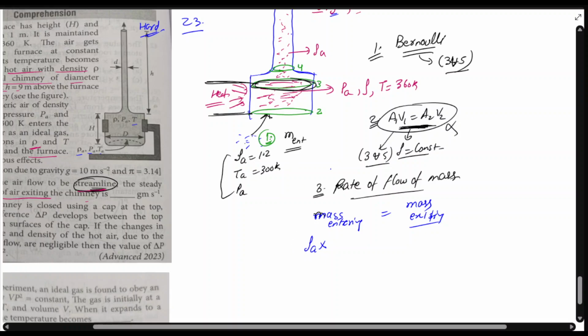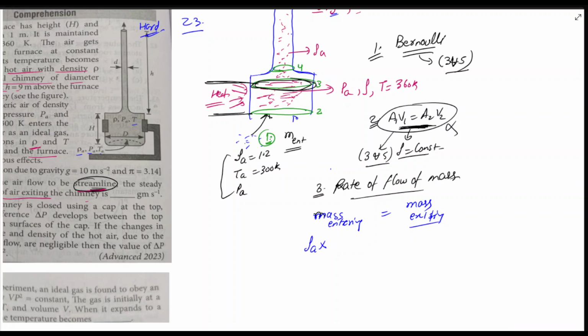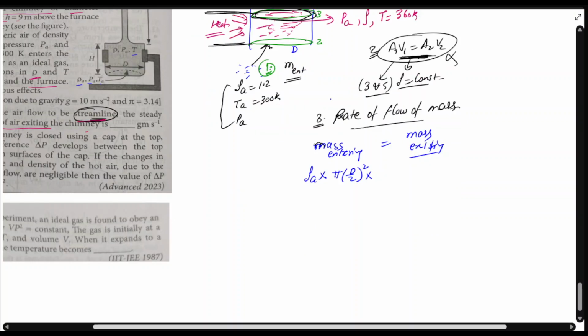It is entering through this, which has a diameter d, so we write pi (d/2) whole squared, into the velocity. Or can we use the simple PV equals nRT? Let's use that because we have temperature and those things.